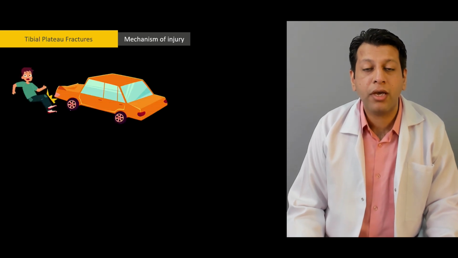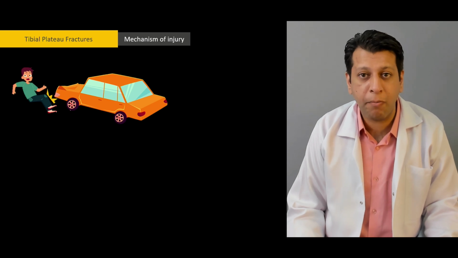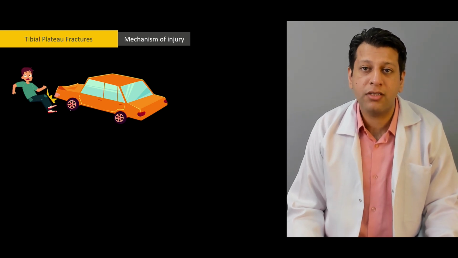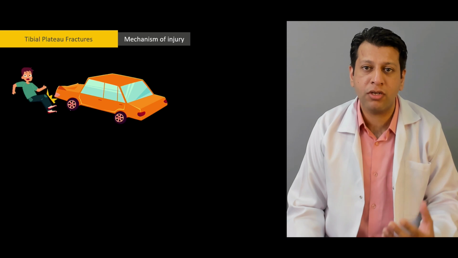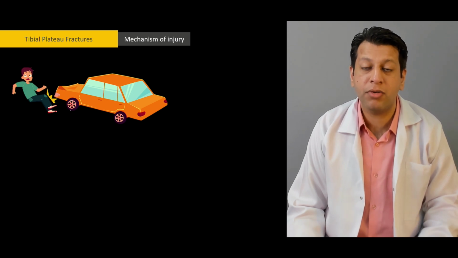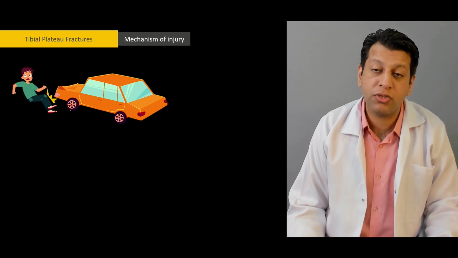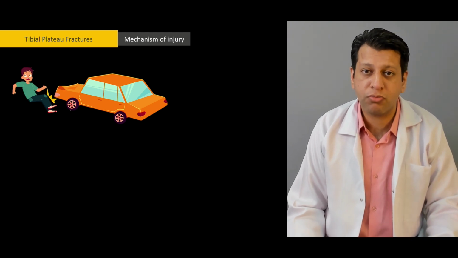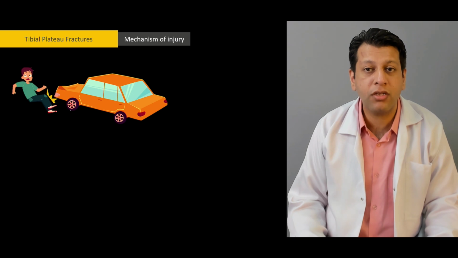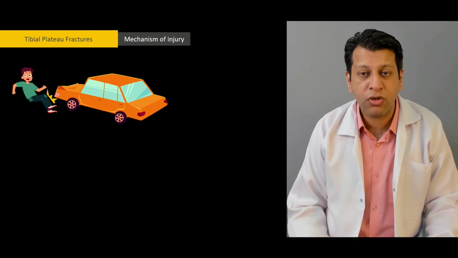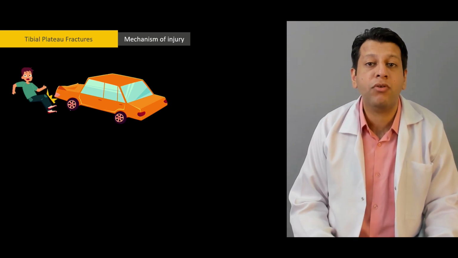As I told you, the mechanism of injury is classically high energy trauma with front-on impact. Why? Because in the anterior one third and the middle one third, on the anterior aspect, the bone is very much exposed, because there is only a small subcutaneous part. There's only thin skin on the top. It's not protected by a lot of bulk of muscles.